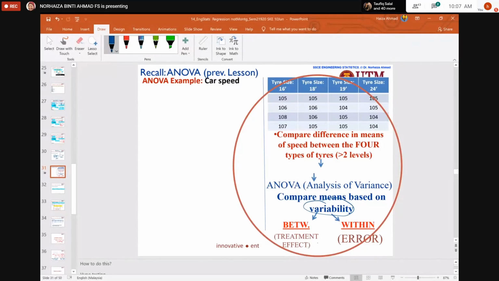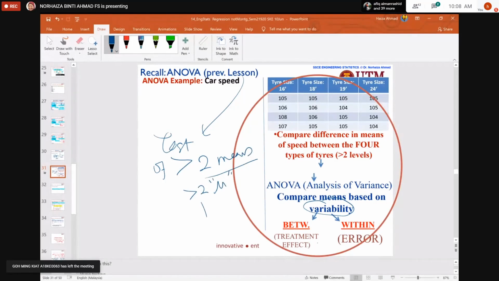So between group and within group. This was in the previous lesson on tests of more than two population means. So you use ANOVA. That's the concept.